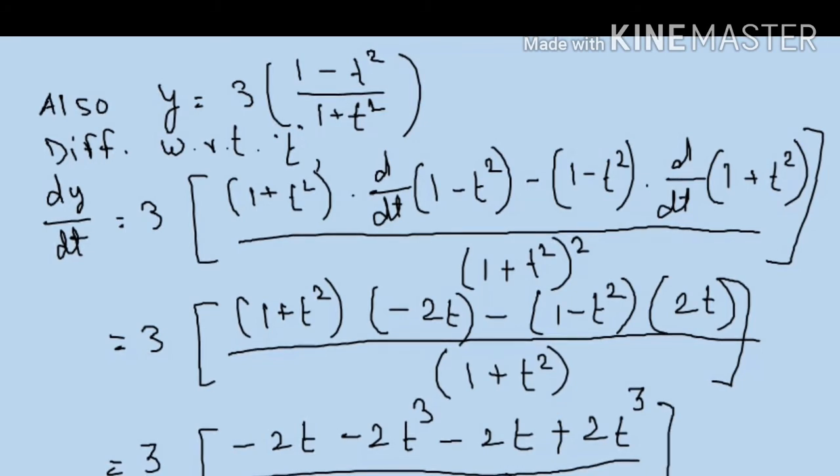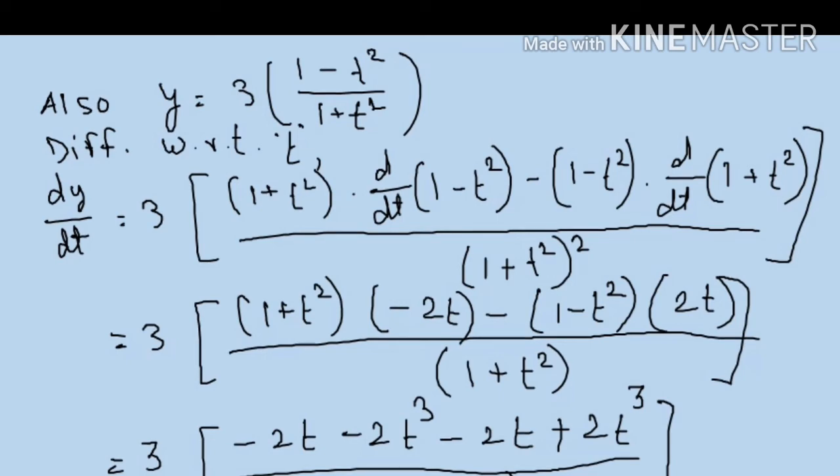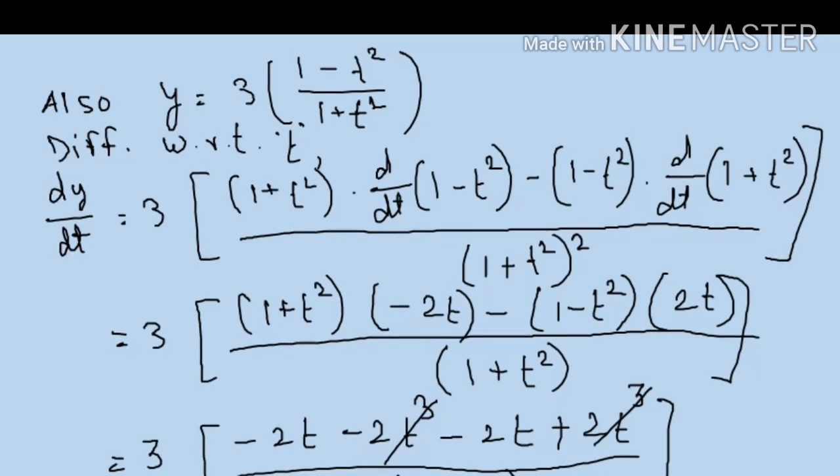So we get 3 into minus 2t minus 2t, which will be minus 4t, and minus 2t cube and plus 2t cube will get cancelled, correct, upon (1 plus t square) the whole square. Not written here, square.